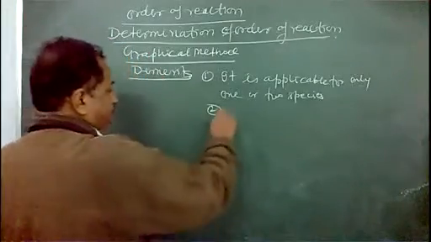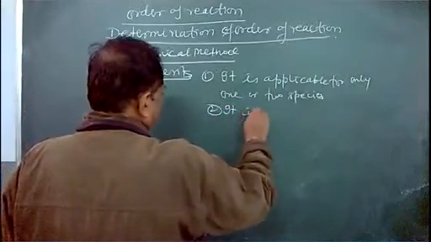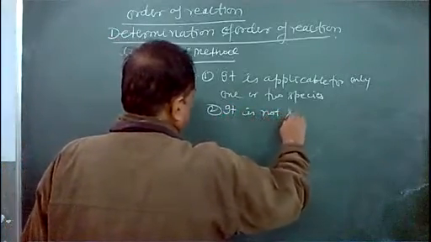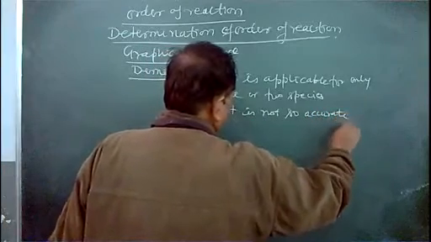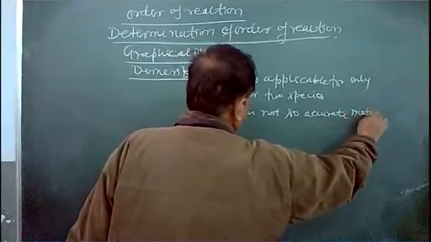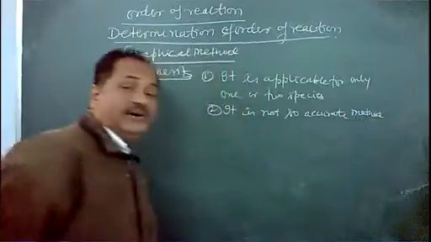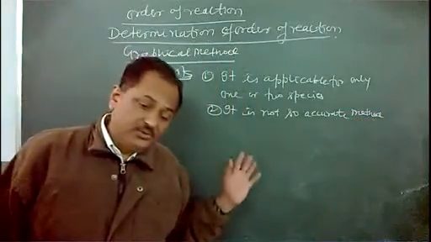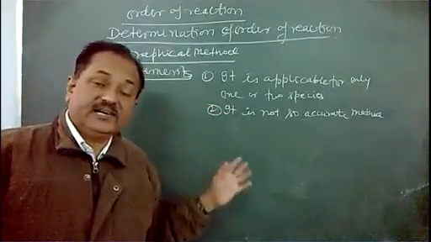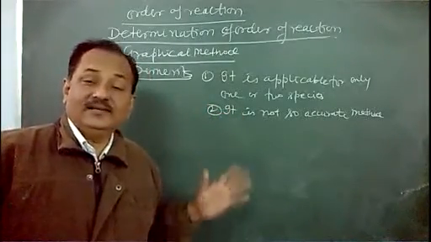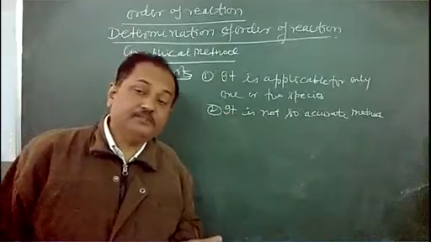Second is, it is not so accurate a method. Why is it not so accurate? Because, as you know, there are conditions like the person who is plotting.